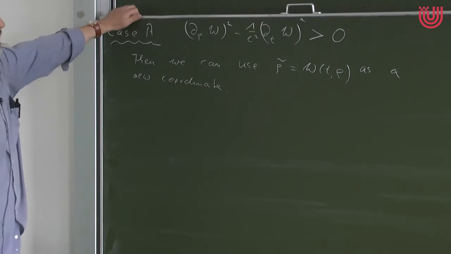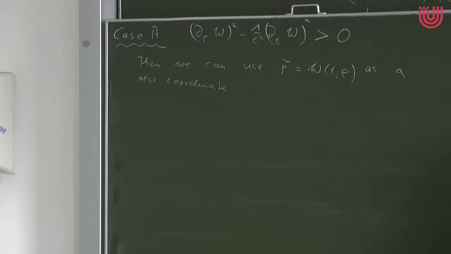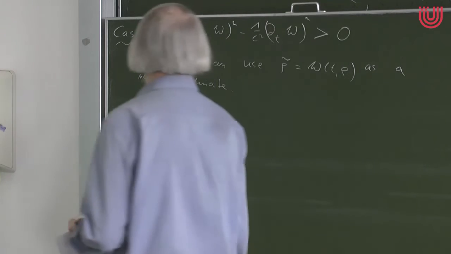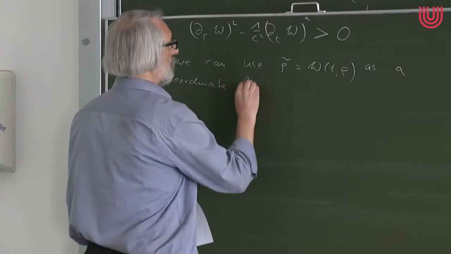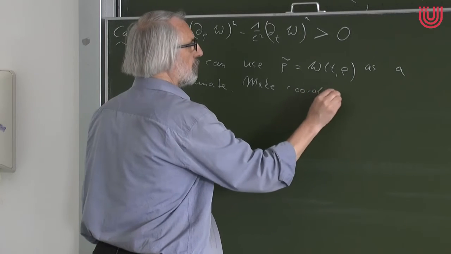Okay, if I change the ρ, then probably it's a good idea also to change the t. So the question is, how do we change the t? And I write this condition in terms of its differential. So we make a coordinate transformation.